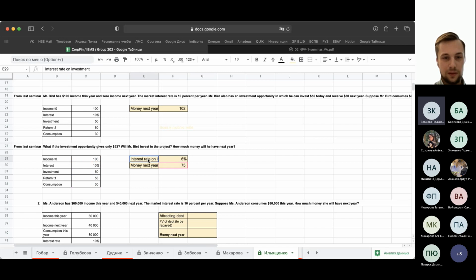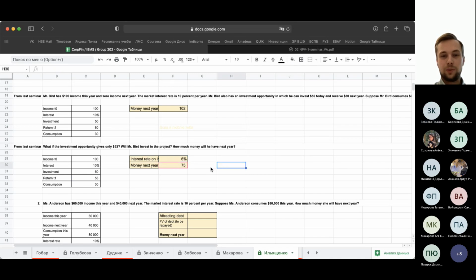Well, so let's discuss this. We have another investment opportunity. The last one gives us $80 of return, and the new one gives us only $53. And if we calculate the interest rate on this investment opportunity, it will be only 6%.